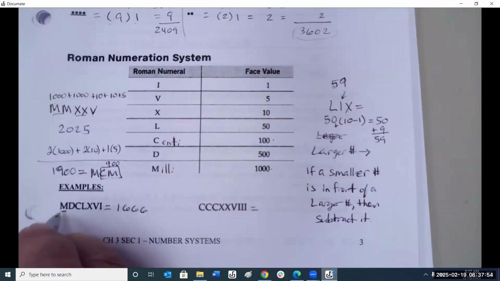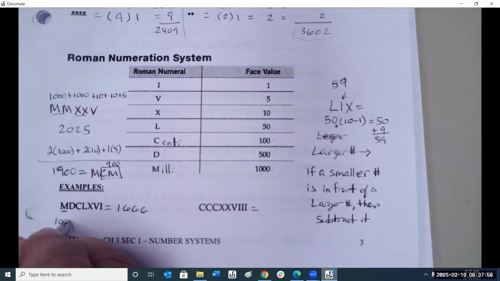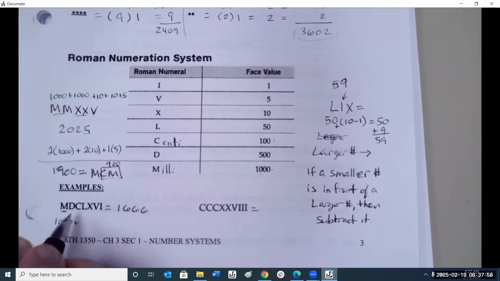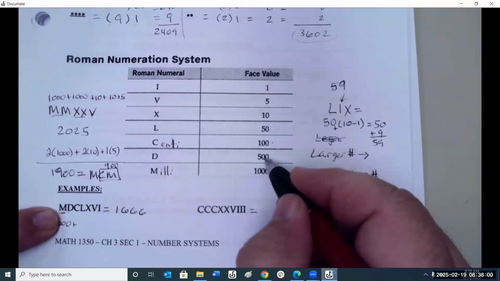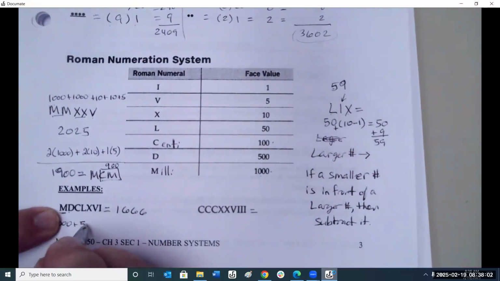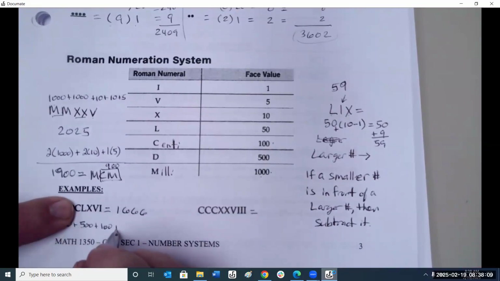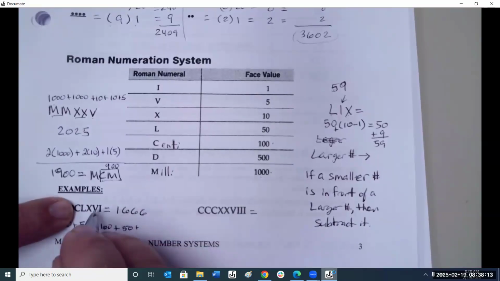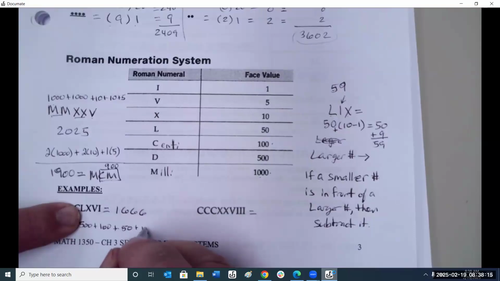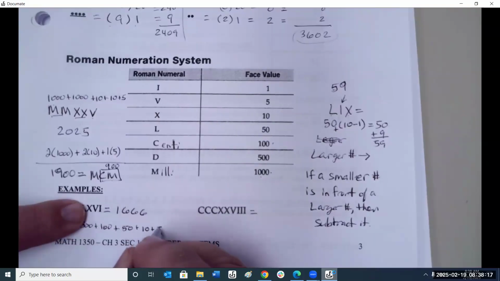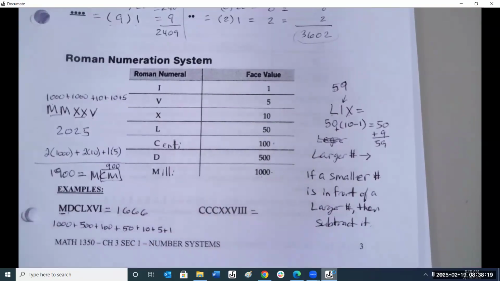So the M is 1,000. D is 500. C is 100. L is 50. X is 10. V is 5 and 1. If you add up all those, you get 1,666.